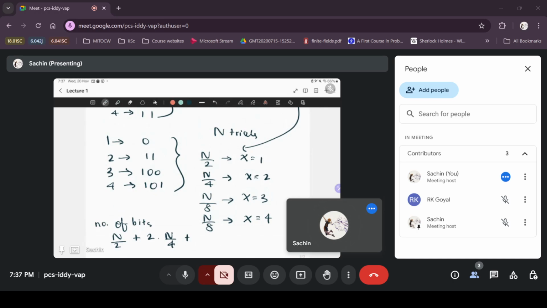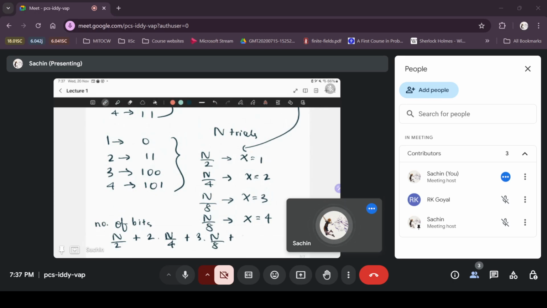And in n by 8 of the trials, the outcome will be x is equal to 3. And for each of them, you'll be representing using 3 bits. So the number of bits is 3 into n over 8. And the same for x is equal to 4. X is equal to 4 will occur n by 8 times.